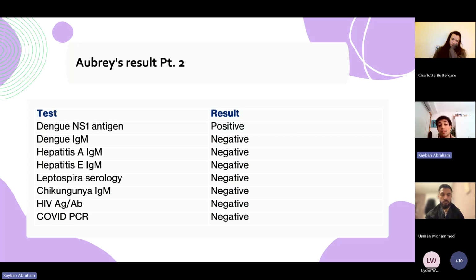The reason that happens is because your body starts to produce antibodies and wipe out the antigen, at which point the dengue IgM would be more relevant. So a couple of these will be more related to the specific time points. If you've had a look at hepatitis serology, that's also really specific to the time points. Same with HIV interpretations.